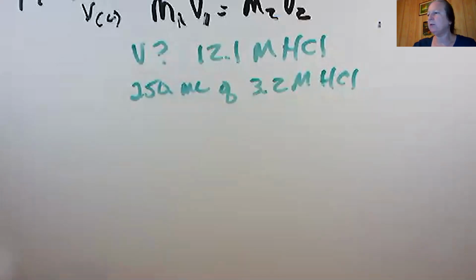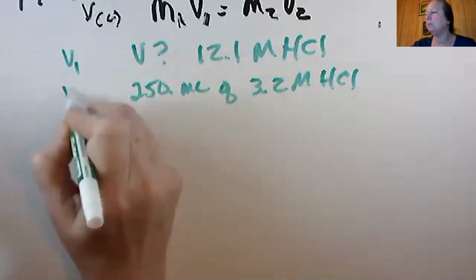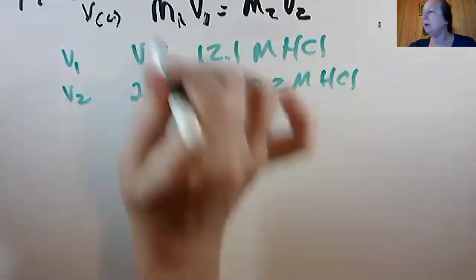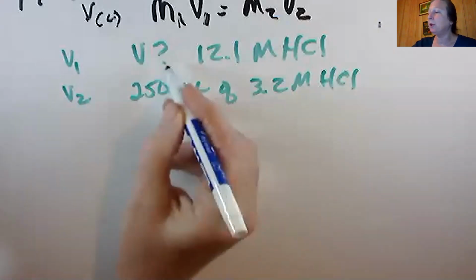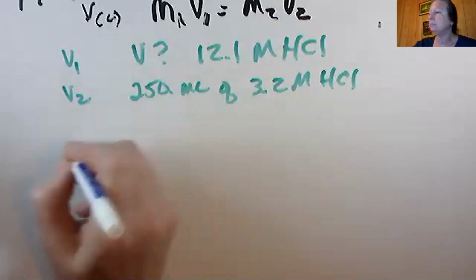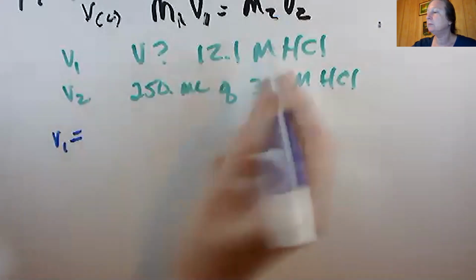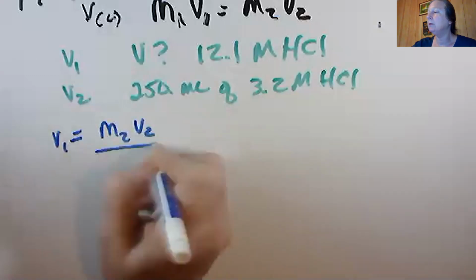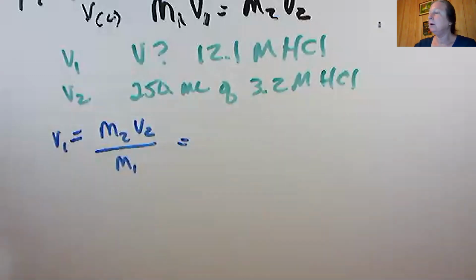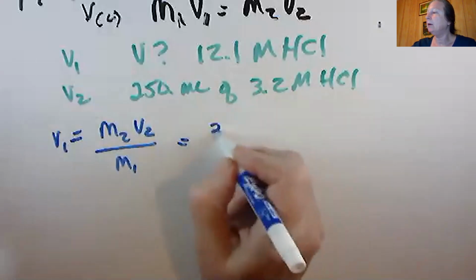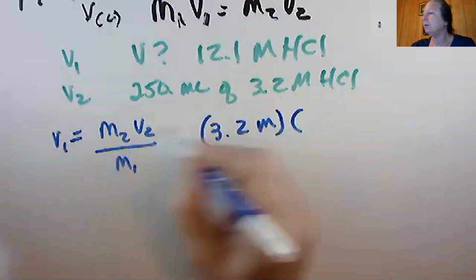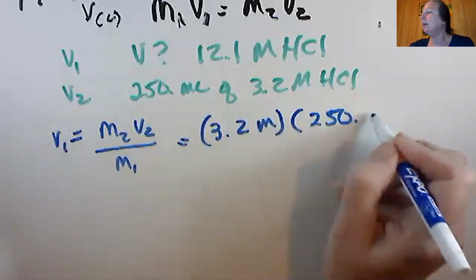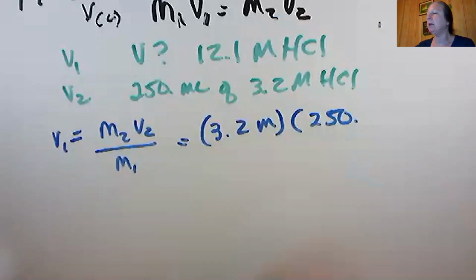Again, it doesn't matter which one you call V1, V2, so just do that. I'm going to rearrange my equation and solve for V1. My V2 and M2 are over here, so 3.2 molar times 250 mils. It does not matter that this is in mils because I'm going to use mils.